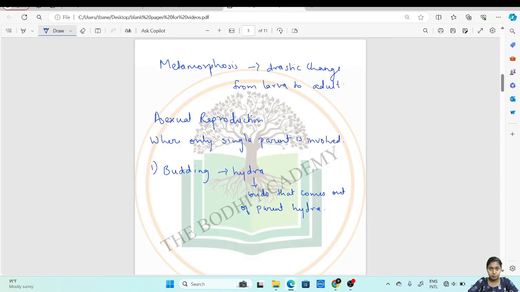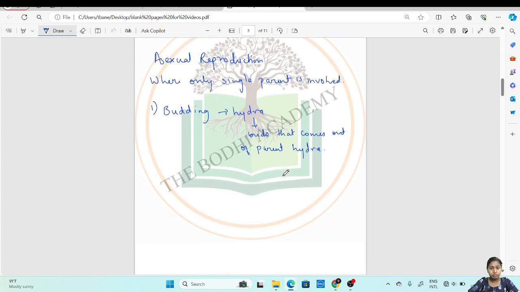So after budding, what is the second one? It is binary fission, seen in amoeba, where the parent divides into two individuals.